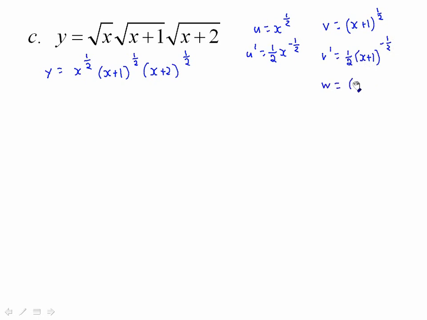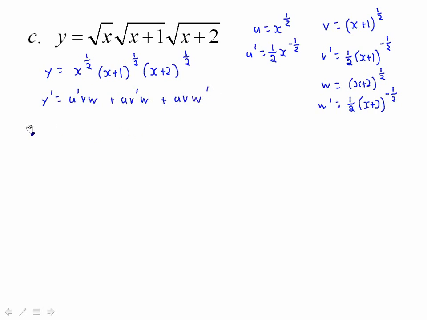And then w is equal to x plus 2 to the 1/2. So w prime is equal to 1/2 times x plus 2 to the negative 1/2 times 1. So that would stay the same. And y prime is equal to u prime v w plus u v prime w plus u v w prime.